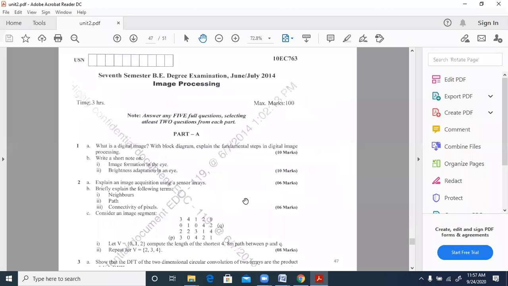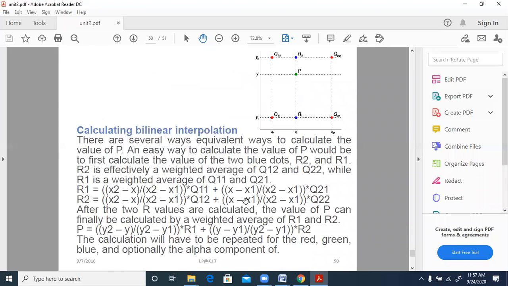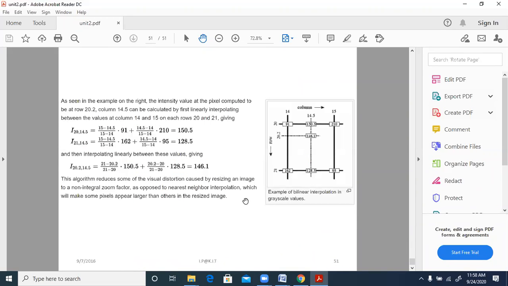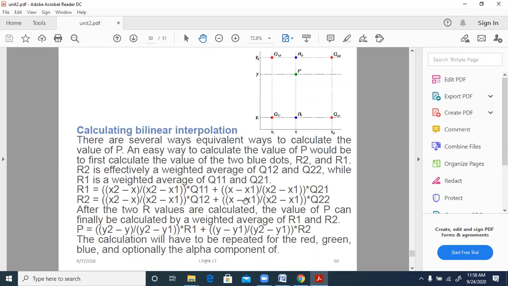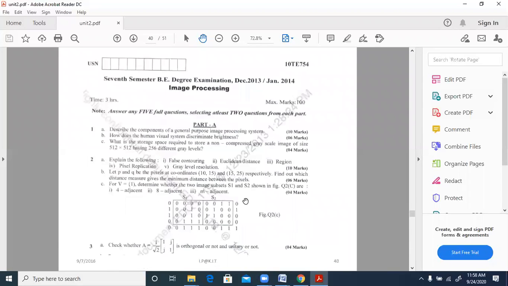Please try to solve all these numericals so that you will understand much better. I'll put this whole thing onto the Google Classroom.